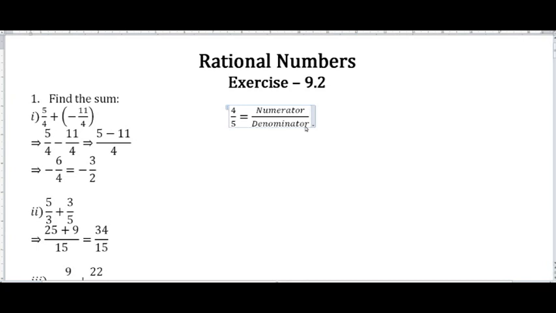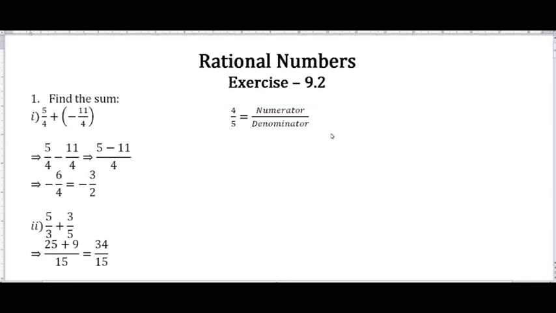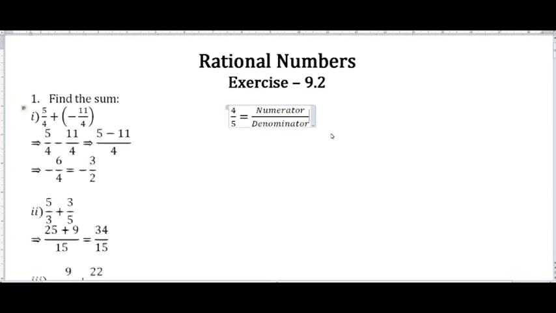So when we are saying numerator and denominator are the rational numbers, that means all the integers are also rational numbers.